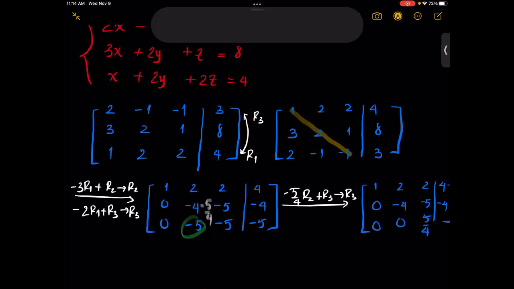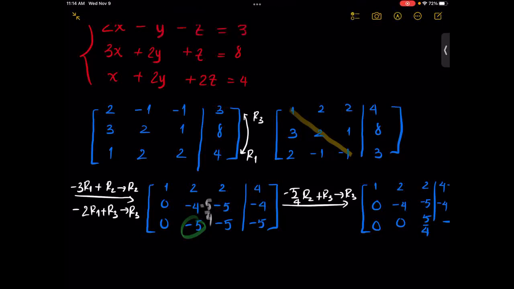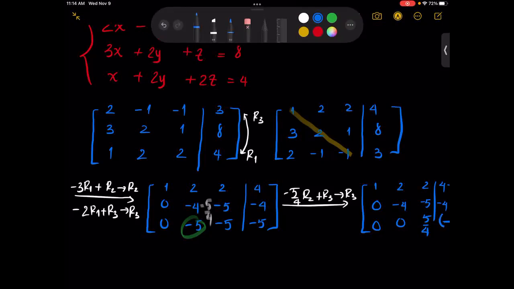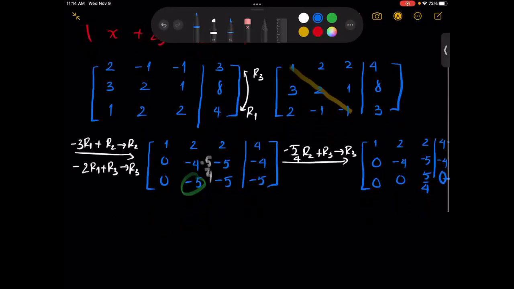Did I do something wrong? No, 0. All right, the last one is 0. The 4 cancels, and then the 5 and negative 5, so 0.